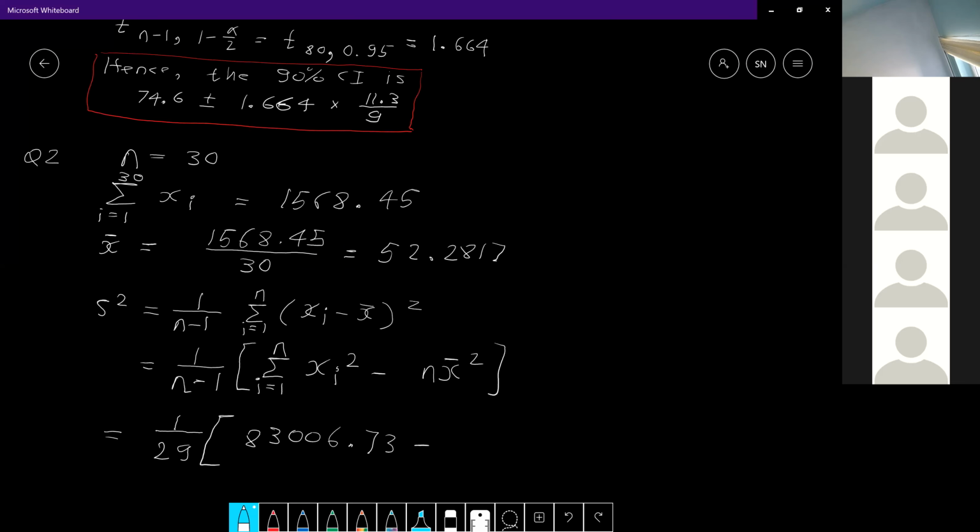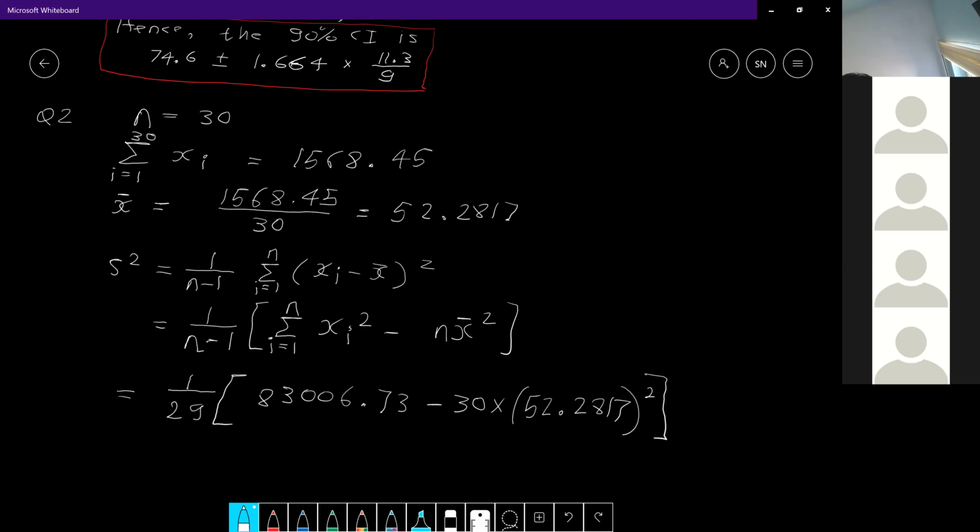And n times x bar squared is 30 multiplied by x bar squared, which you already found, 52.2817 squared, in brackets. If you compute this, it will be equal to 34.67. So this is your sample variance, and this is the sample mean. Now we can do the question.